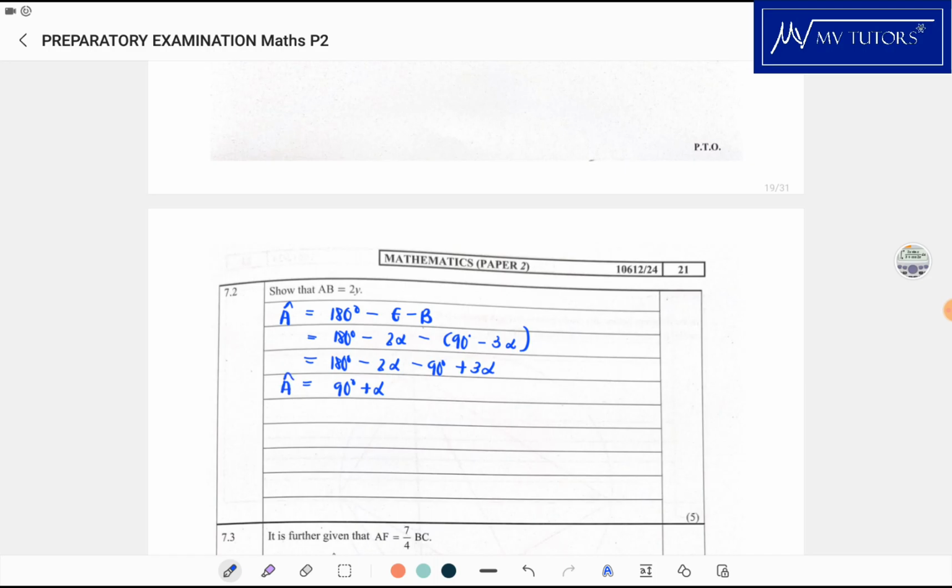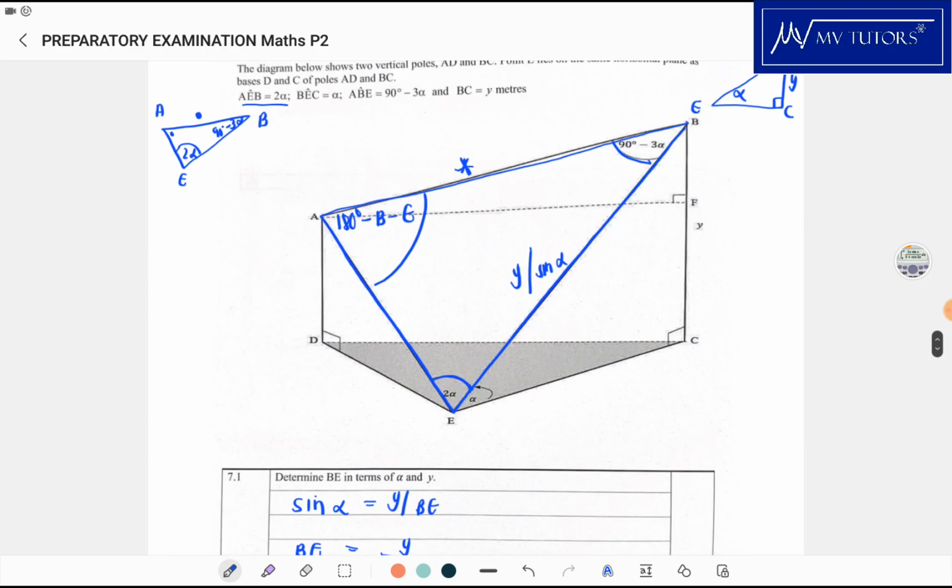Now we can use the sine rule and say AB is what we're looking for.